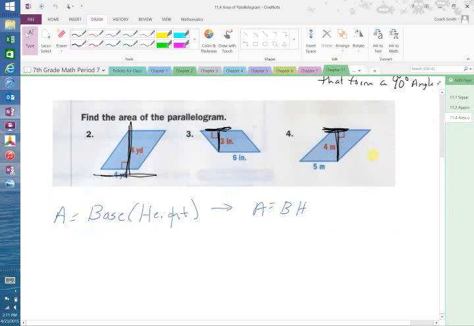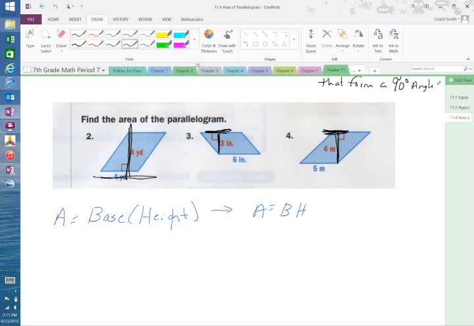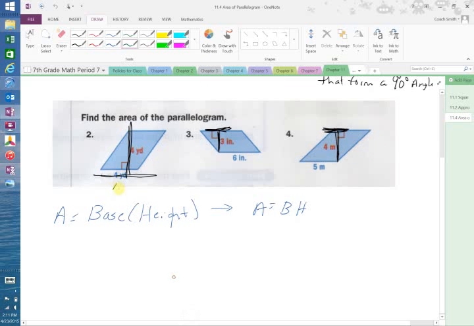All right, so to figure the area for each of these problems, area here would be equal to 4 times 4. Area here would be equal to 3 times 6. Area here would be equal to 4 times 5.